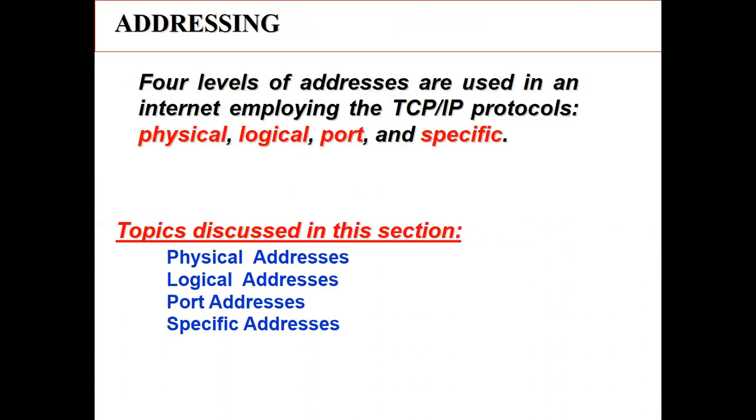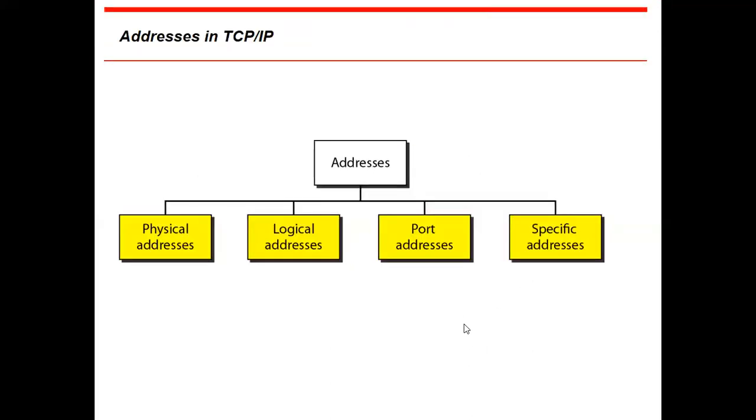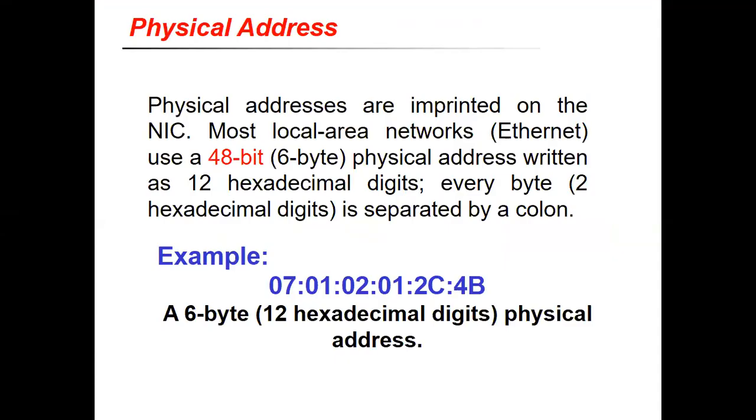Next, addressing. In each network, there are some levels of addresses. There are 4 levels of address used in the internet employing the TCP/IP protocols: physical addressing, logical addressing, port addressing, and specific addressing. First, physical addressing. This physical address is mainly a 48-bit address written as 12 hexadecimal digits.